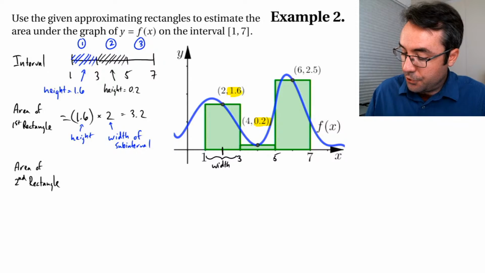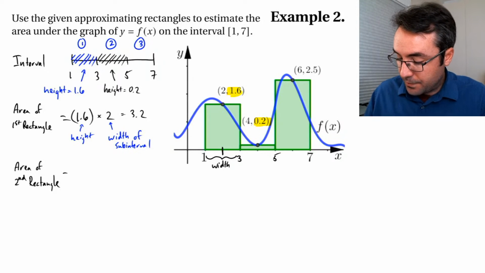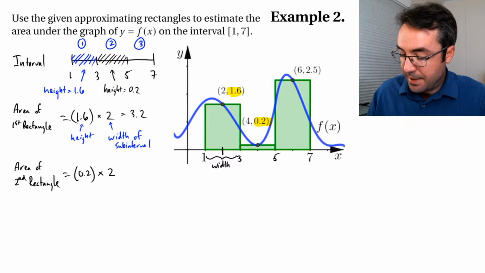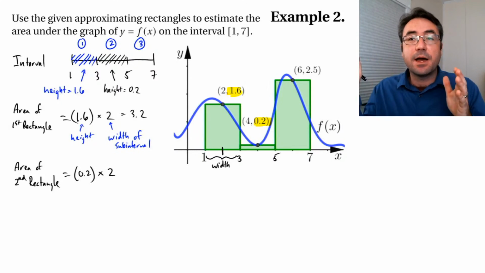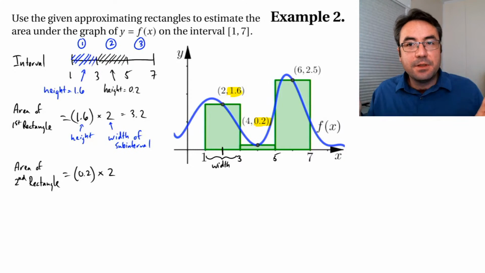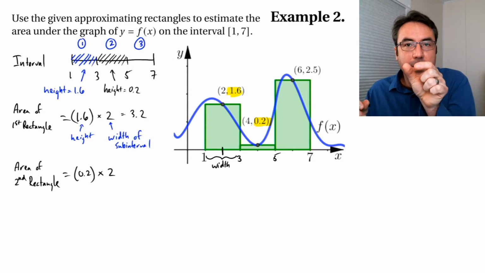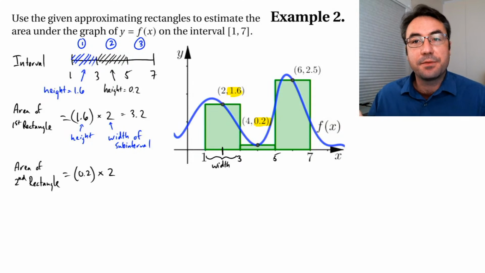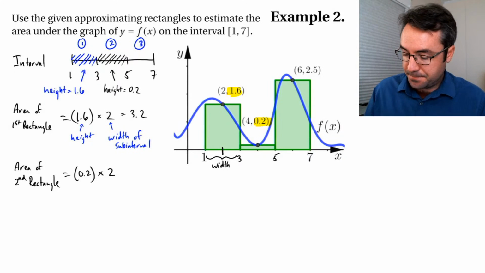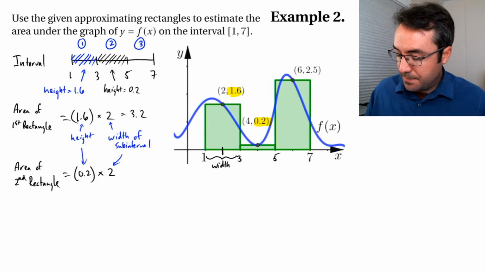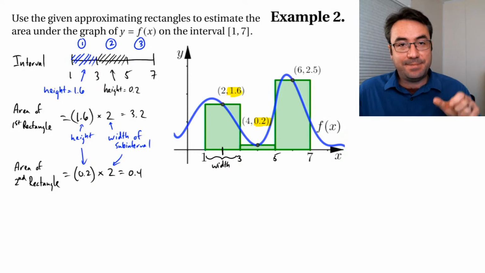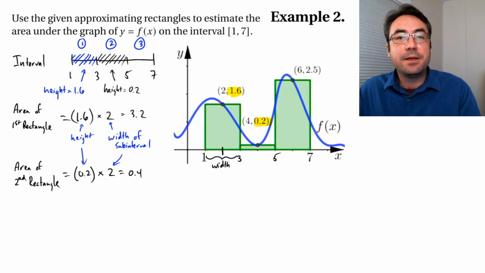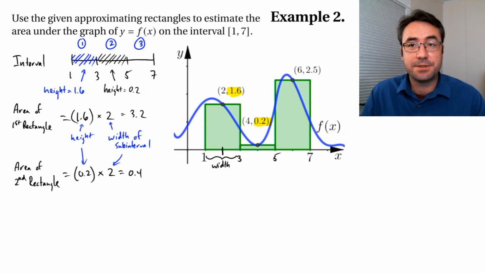It looks to be 0.2. So for that second rectangle, it's 0.2, and then it's the same width. We split everything up evenly, so each of these rectangles has the same width, 2 in this case. Doing the multiplication, we get 0.4. So that tiny little rectangle in the middle has an area of 0.4 square units.